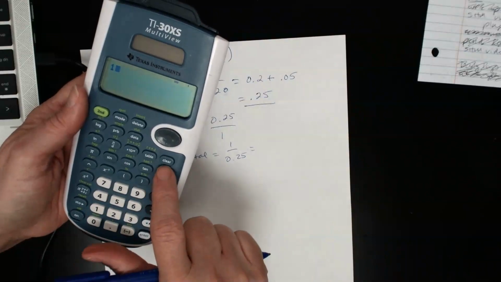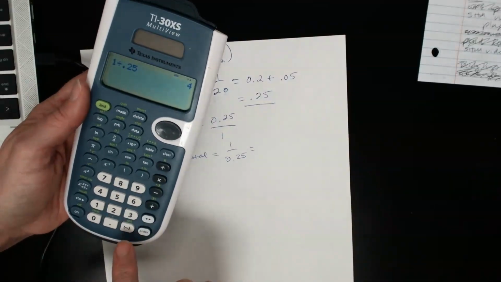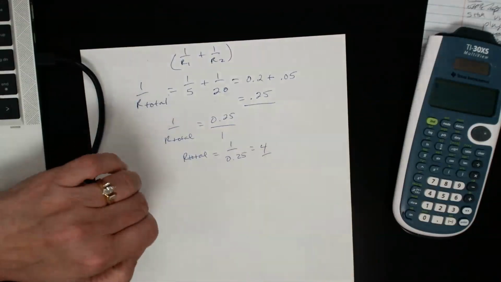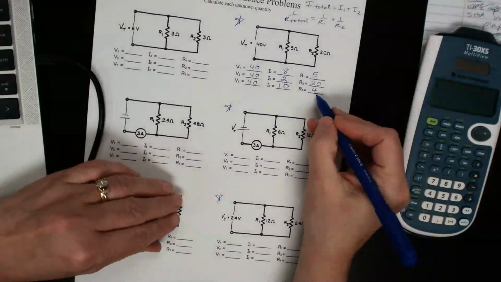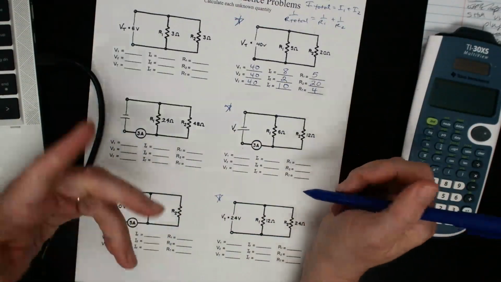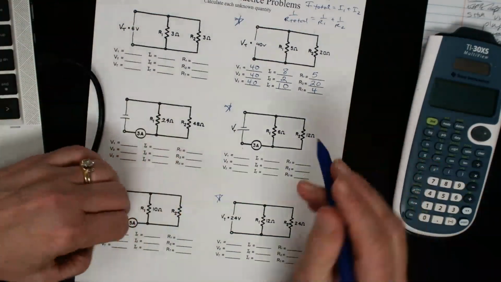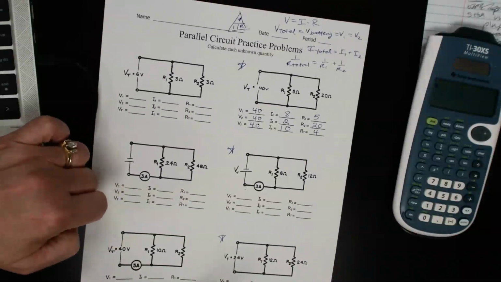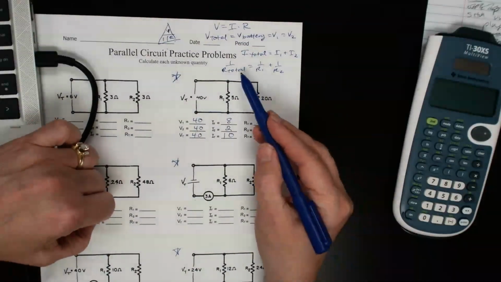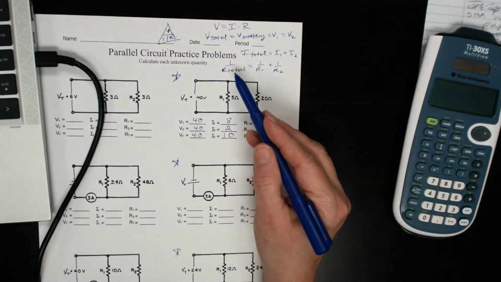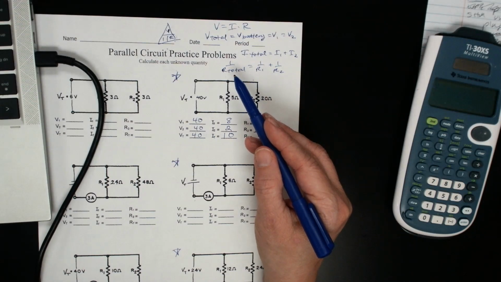Whoops, that's wrong. 1 divided by 0.25 gives me 4. That's the same as what I got right here. Okay, so like I said, if you don't have to use it, don't. But if you do need to use it, that's how you do it. And the most important part is to remember that last step of flipping this, because if you leave it the way it is, then you're not going to get the right answer and you're not getting our total. You're getting 1 over our total.